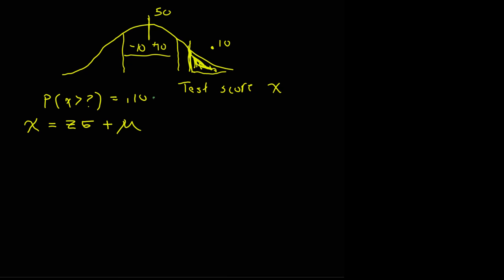Here's where complements come into play again, though. All of my tables deal with the left side of this. So if my right side is 0.10, the probability I'm going to be looking up on the left is 1 minus 0.10. And so I want to find the z-score that relates to 0.9.